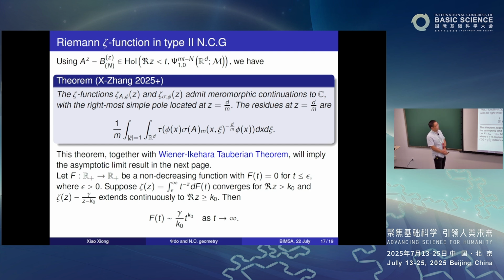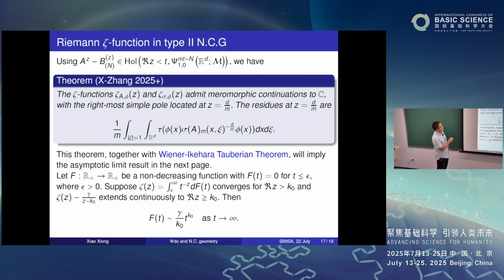So how can we get this result? We just recall our structure theory about the difference of these two operators. So this operator is good enough, it is smooth enough.